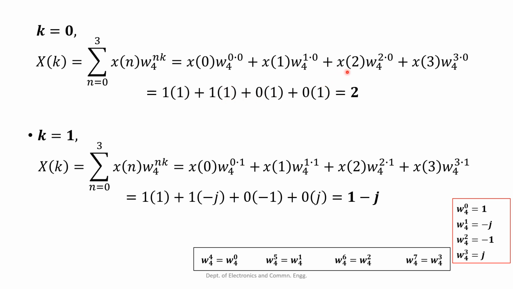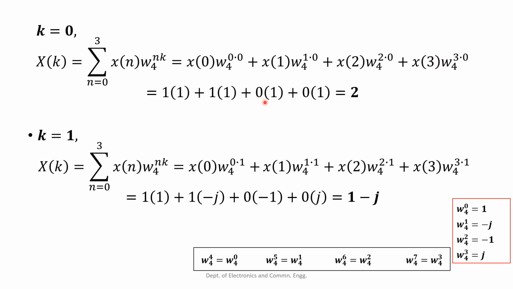Then x of 2 is also given in the question itself, that is equal to 0. So 0 into 1, twiddle factor to the power 0, therefore it is equal to 1. Similarly x of 3 is given 0, twiddle factor will be equal to 1, because once again the twiddle factor power will become 0 over here. 3 into 0 is 0, so that is once again the total value will become equal to 1.